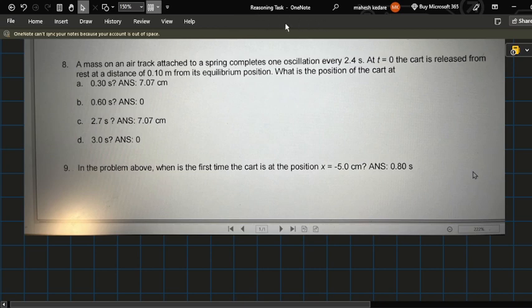We first write data. We are given time period 2.4 seconds. Every oscillation is completed in 2.4 seconds.